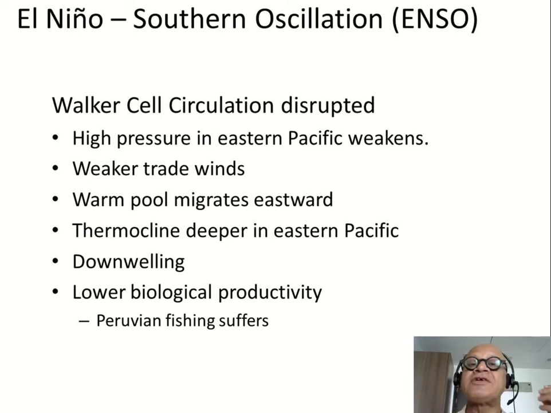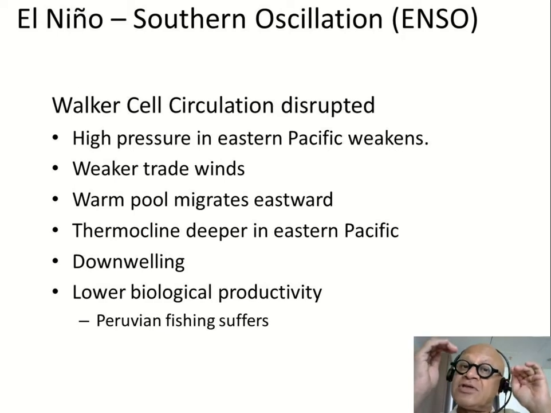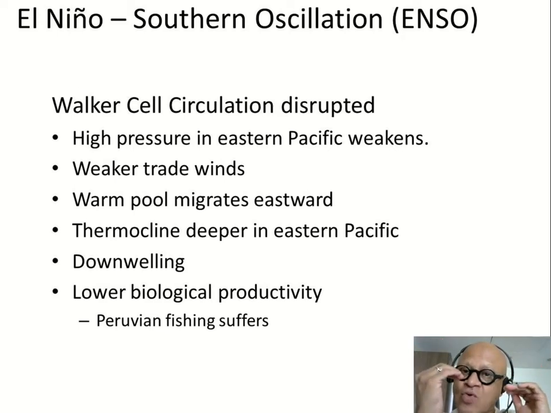The thermocline that is shallow in the normal conditions in the east begins to deepen. Why? Because remember, trade winds are pushing the water west, diverging and creating upwelling and bringing the thermocline up. If the trade winds weaken, then the divergence weakens, the upwelling weakens, and the thermocline relaxes, or it begins to get deeper in the eastern Pacific.